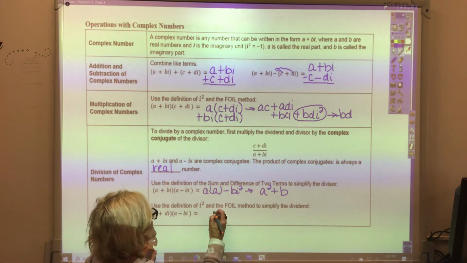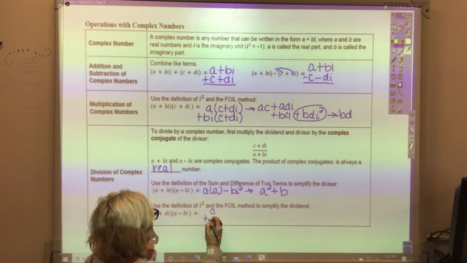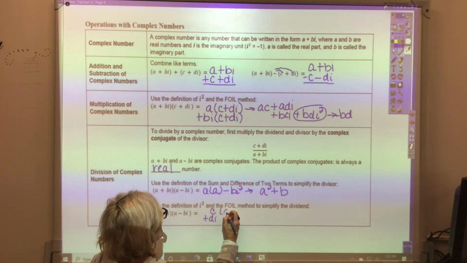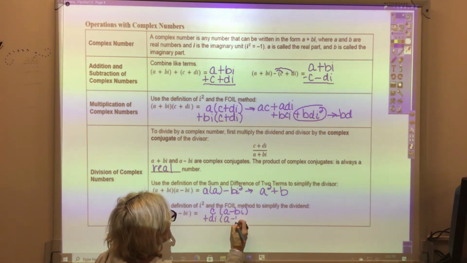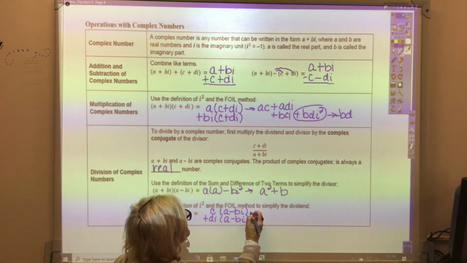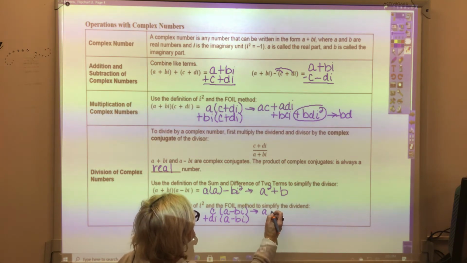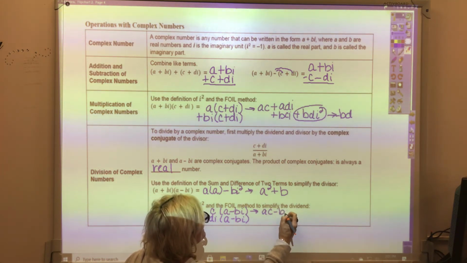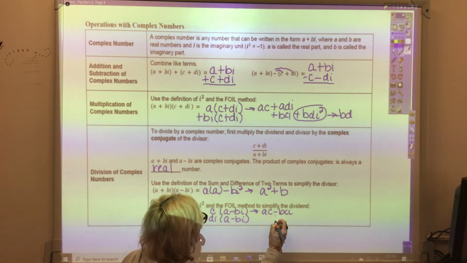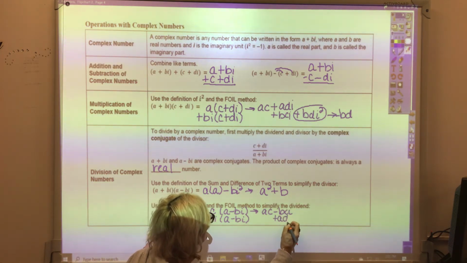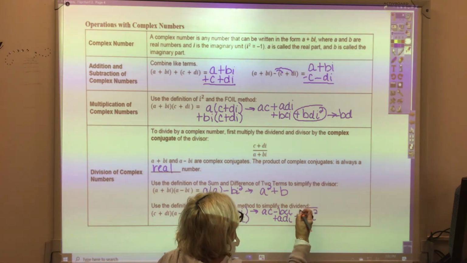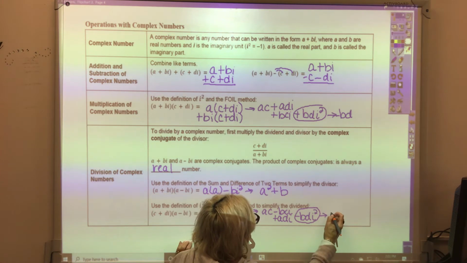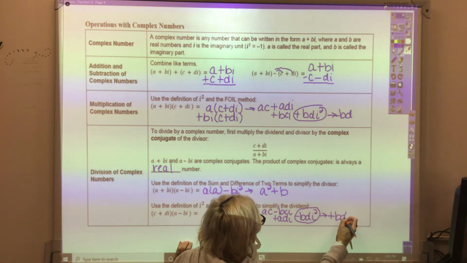So again, write these vertically, c plus di, multiply them both by a minus bi, and what you will have will be ac minus bci plus adi minus bdi squared. Remember that this will end up being plus bd.